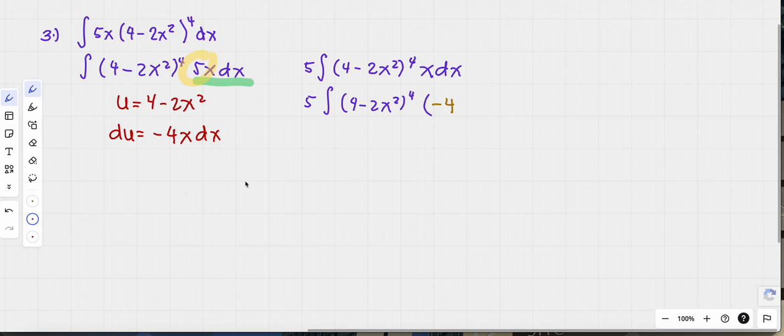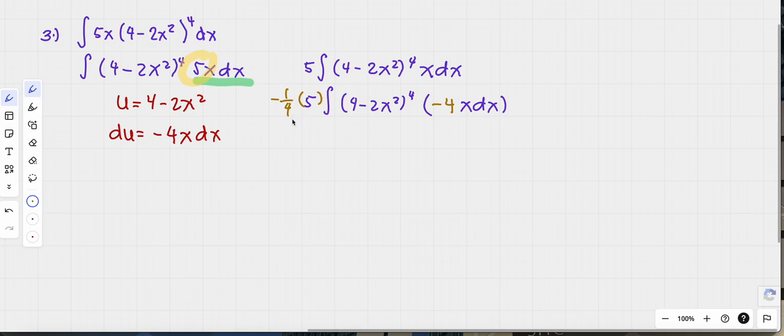Okay, and then copy x dx. Since we have multiplied a value here, we already know what to do with the left side of the integral sign. We have to multiply your neutralizing factor. Next to the 5 there, you have to multiply the NF, which is negative 1/4.